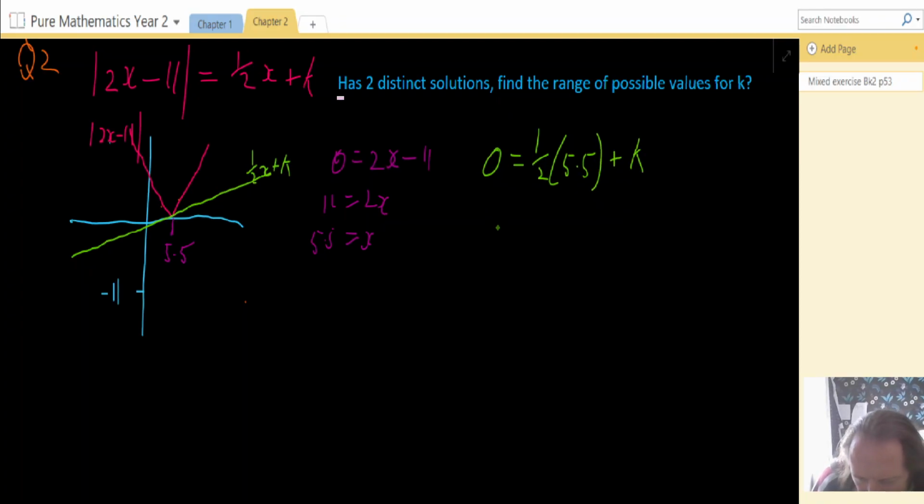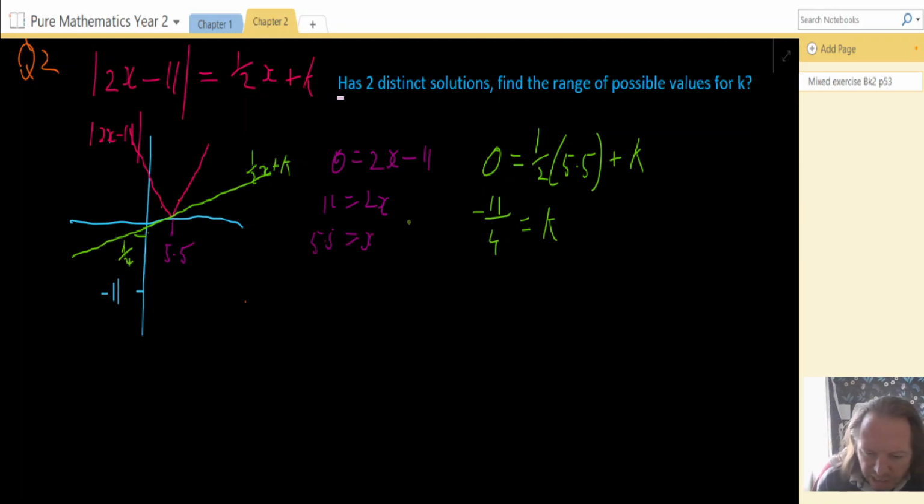And so what's a half of 5.5? 11 over 4. So we can say minus 11 over 4 is equal to k. Now that's when it touches it just the once. When we get this down here, and it becomes the minus 11 over 4, or 2.75 sort of thing.